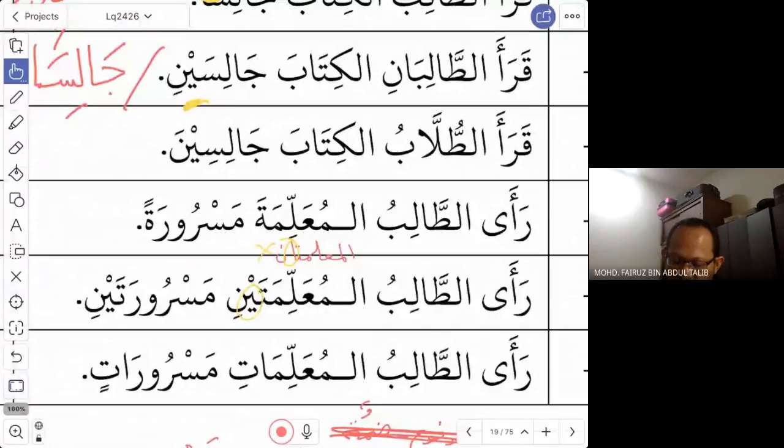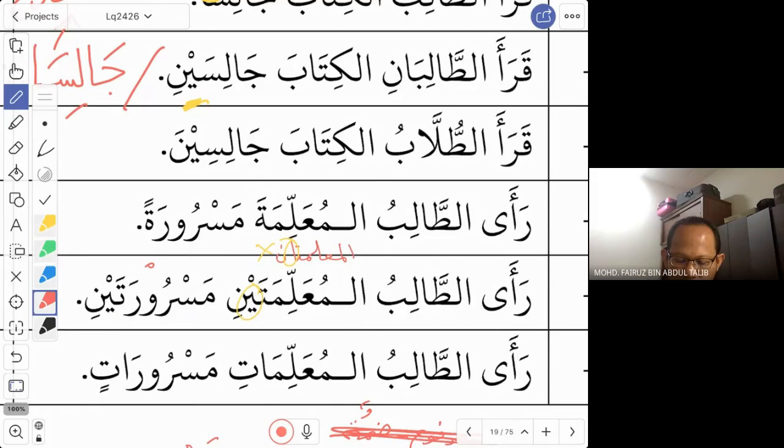Masruratain, happy, the teacher. And they were happy. The students saw the teachers and they were happy. So masrurataini, again, if you look at the word, it ends using the ya version. We have another version which is masruratani.